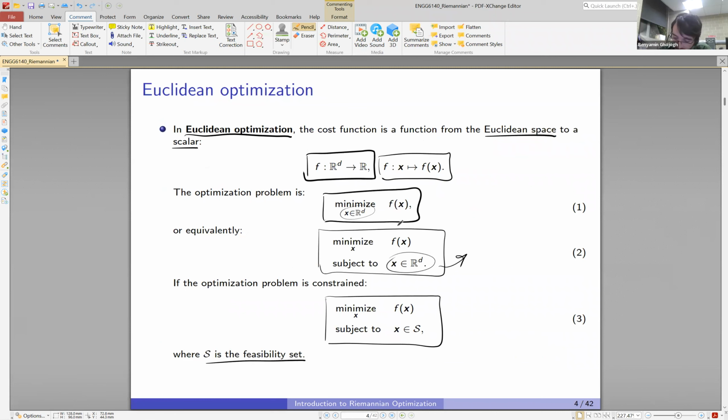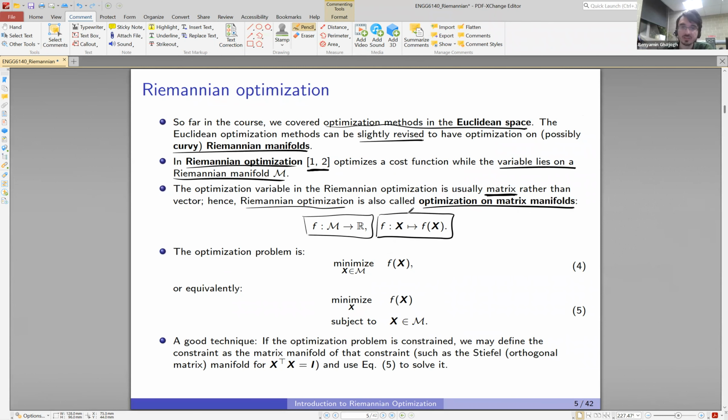In the Euclidean optimization, I denoted it by small case bold, showing it is a vector. Now I minimize the function f of x with respect to x belonging to the manifold M.